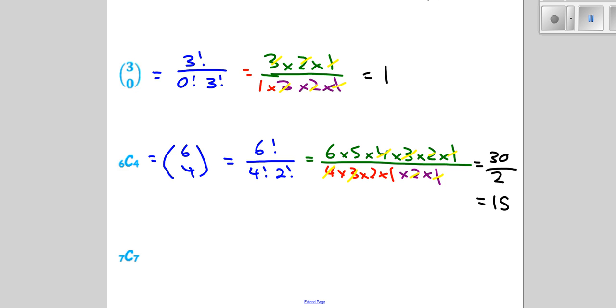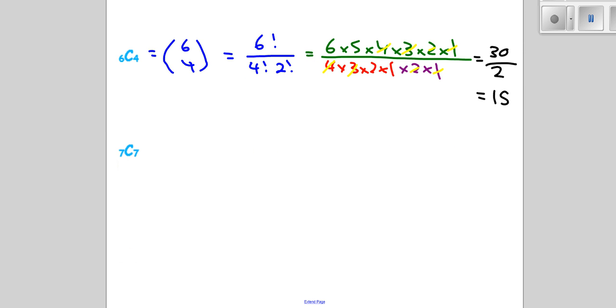What do you predict 7C7 is going to equal? 1, yeah. So you probably find the factorials cancel out. N minus R is 0.